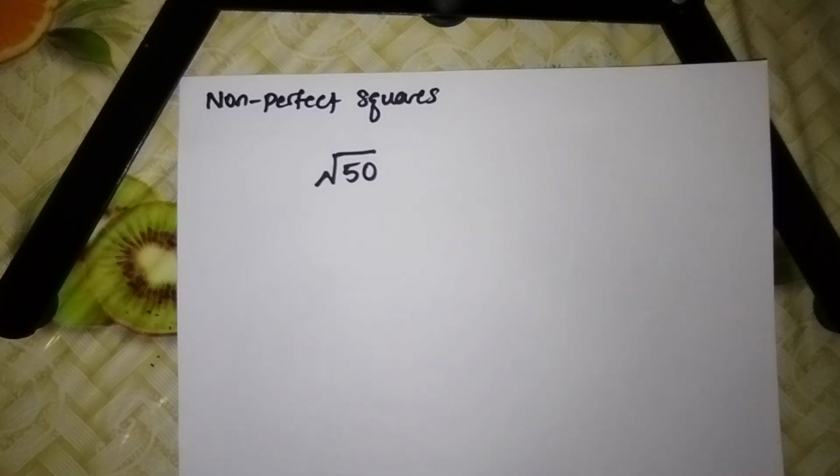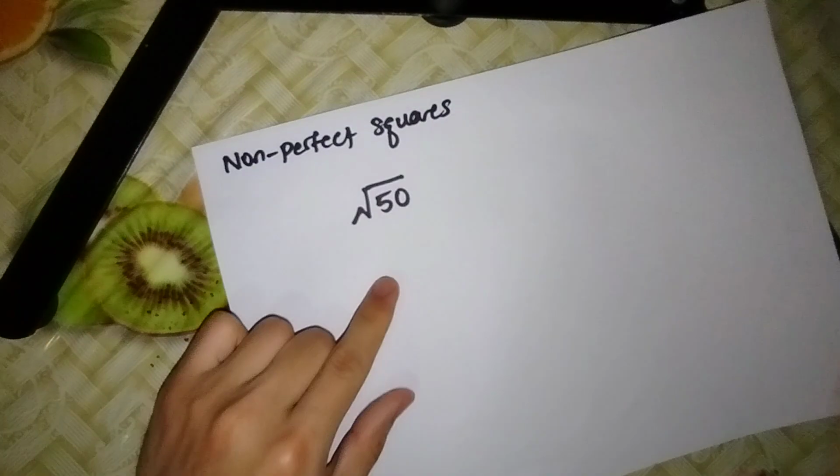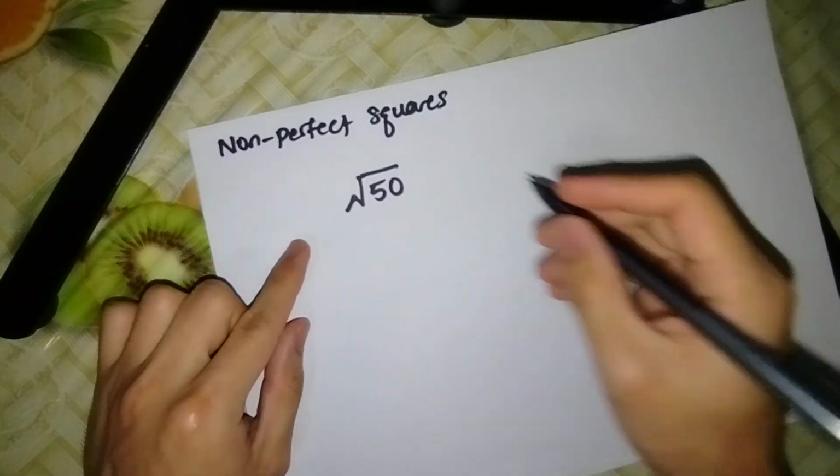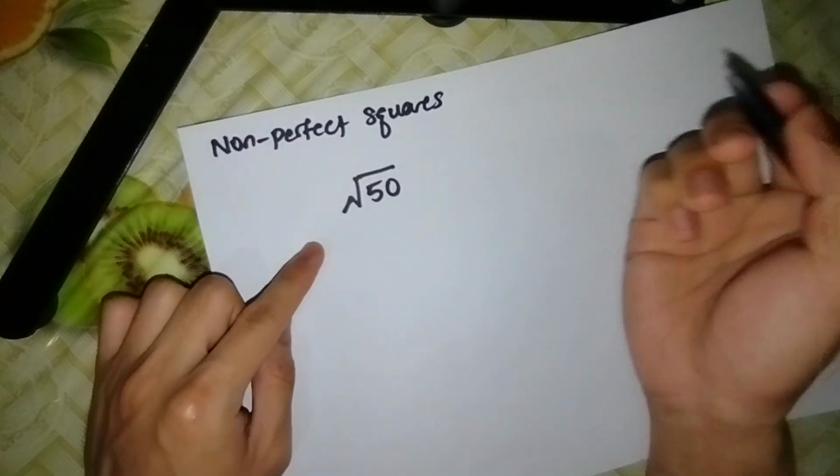Well, what we can do here is start off by listing out some multiples of 50. In other words, what two numbers can multiply to give you 50?